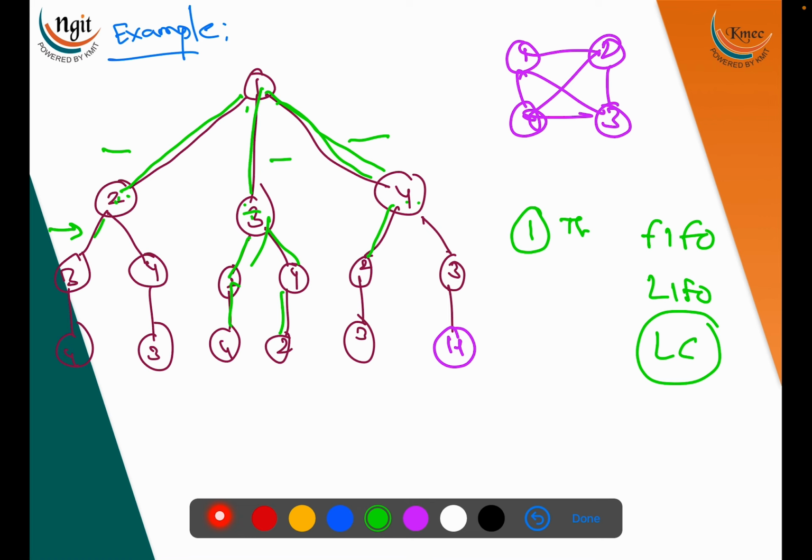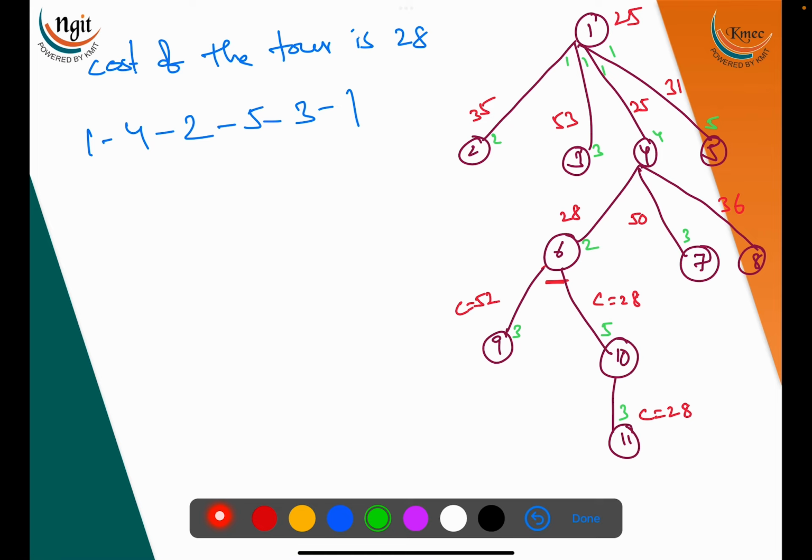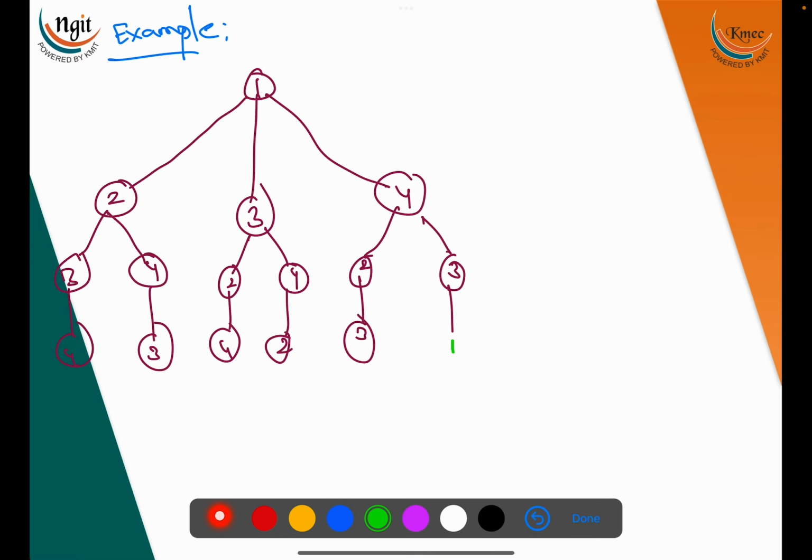We'll write a fresh slide so that you people can also have a note, because it is an important question for end semester examination purpose. So you can have a question on differences between backtracking and branch and bound with an example. You can take the example graph that I have drawn just before, and you can start explaining like this.